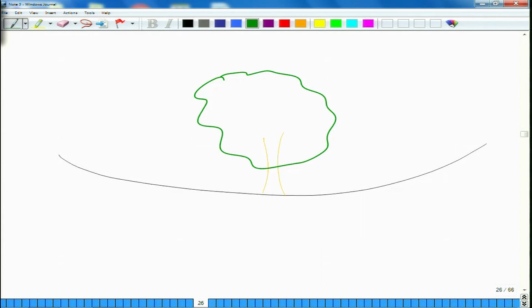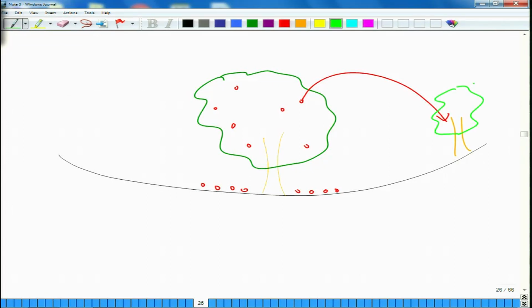And when this tree bears fruits, then all of these fruits do not just drop below the tree, but we also observe that there would be some birds that would come, eat these fruits and take those seeds along with them and maybe perch somewhere else. So, here we have another tree of a different species. So, the bird perches here and then it drops the fruit or the seed here.